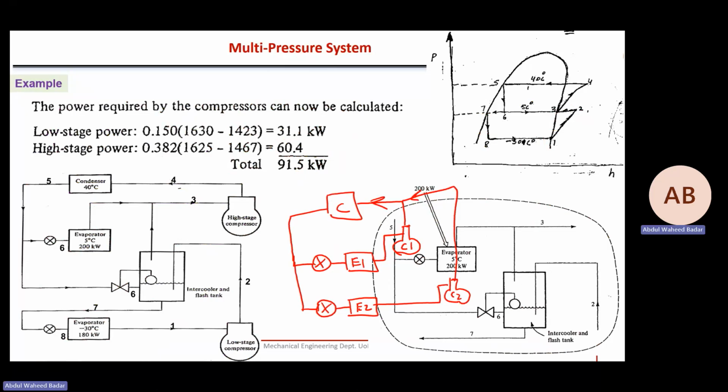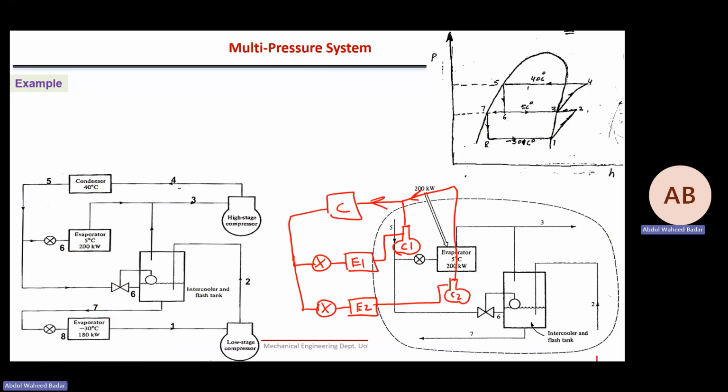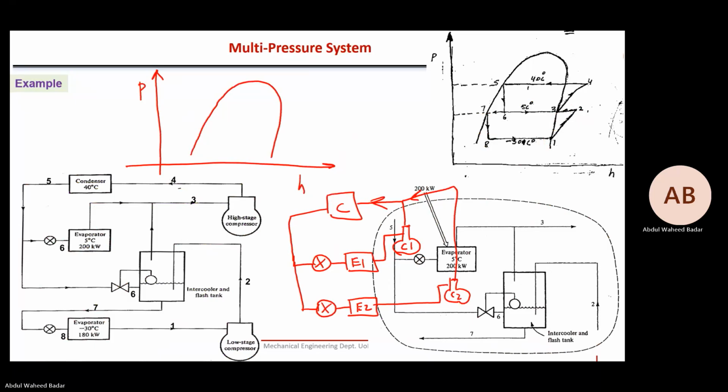So let's draw the pH diagram for this system. What we do normally is we number it: 1, 2, 3, 4, 5, 6, and 5 to 7.